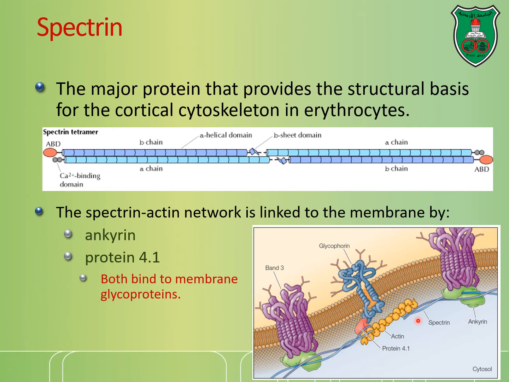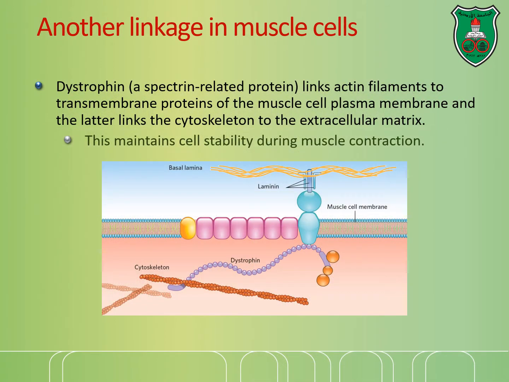Now, spectrin itself allows actin to interact with the plasma membrane indirectly by interacting with 2 proteins. One of them is known as ankyrin, and the other is known as protein 4.1. So these 2 proteins can interact with plasma membrane proteins. Okay, so this is how you have this organization connecting the plasma membrane with the actin microfilaments. Okay, so it's indirect interaction.